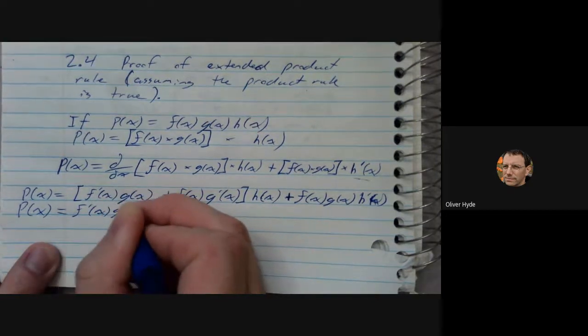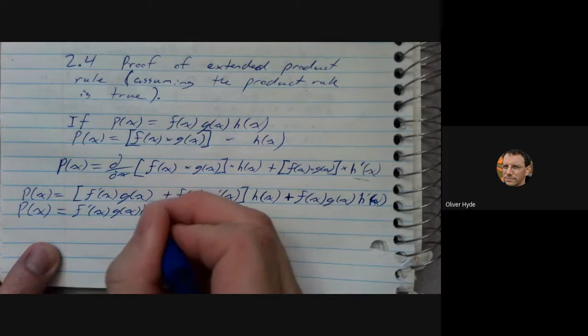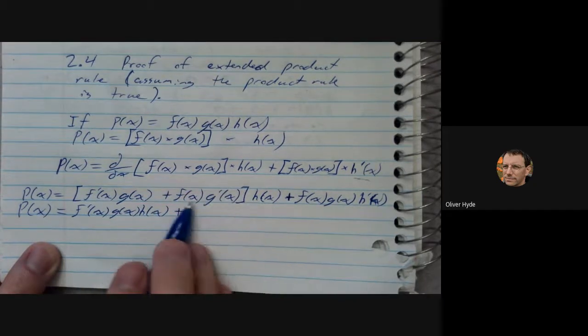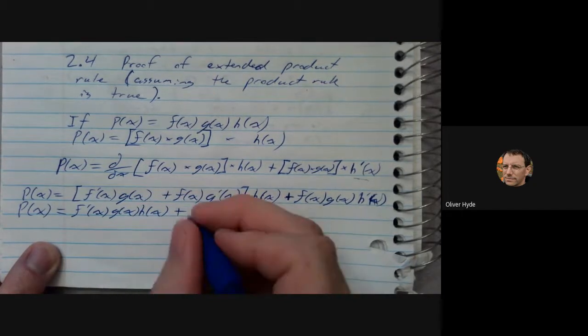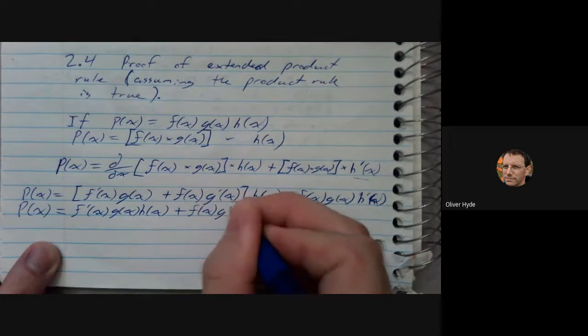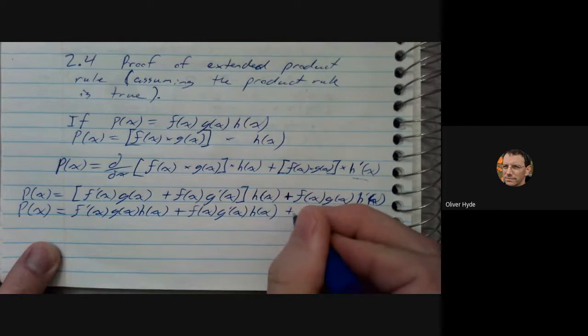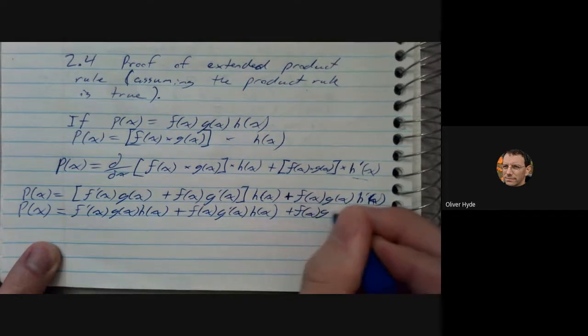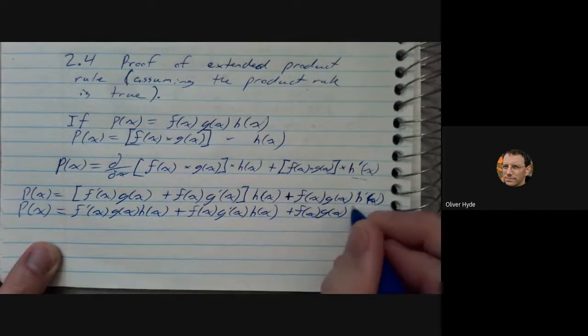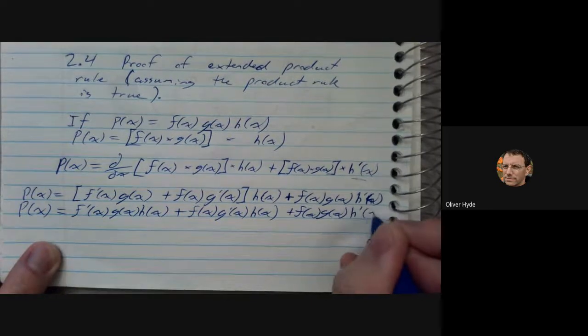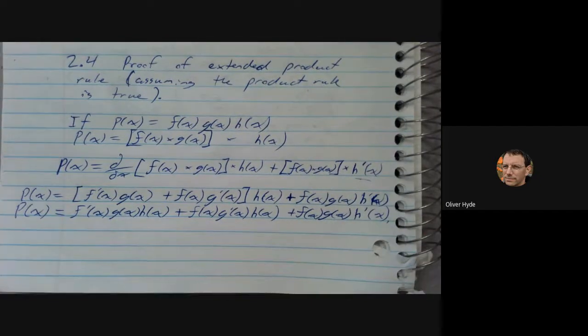So I'm going to have the derivative of the first times the second times the third. And then I'm going to have the first times the derivative of the second times the third, f of x times g prime of x times h of x. And then here is the first times the second times the derivative of the third, h prime of x. There you go.